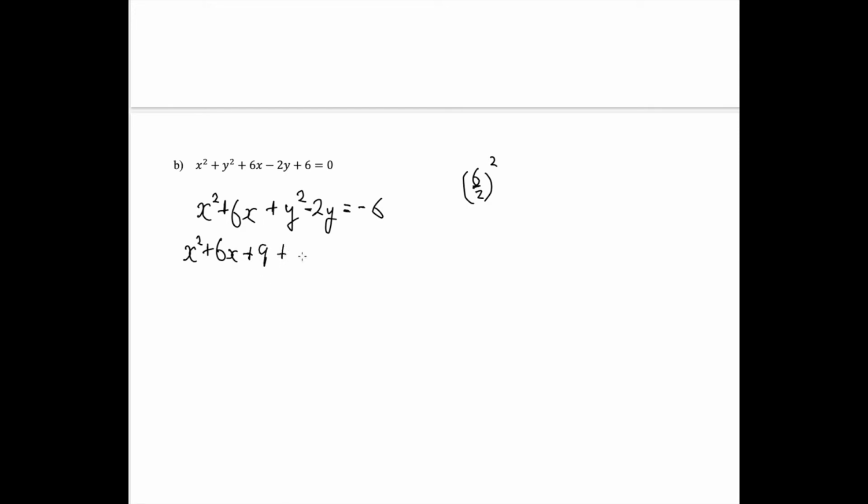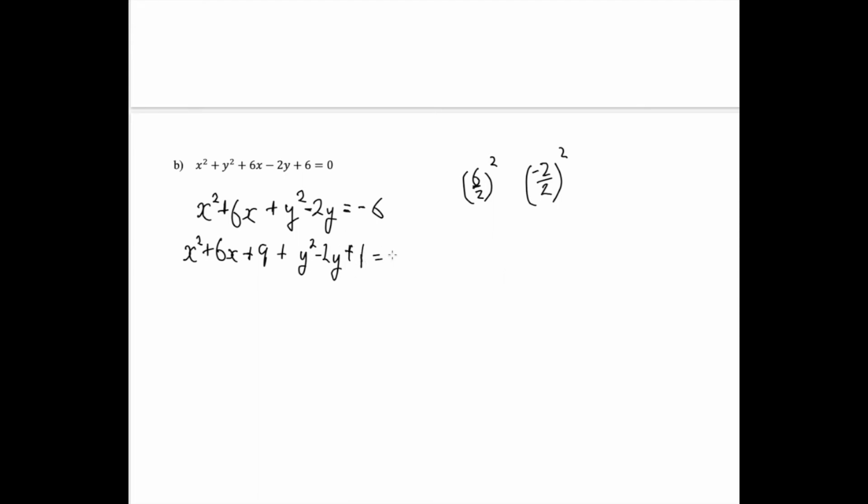Plus y squared minus 2y. What do I need to add here? So we just take the half of minus 2, square it. Remember, no matter what number, when you square it, it should be positive. So I do not want to see any negative numbers being written. Half of minus 2 is minus 1. Minus 1 squared is 1.